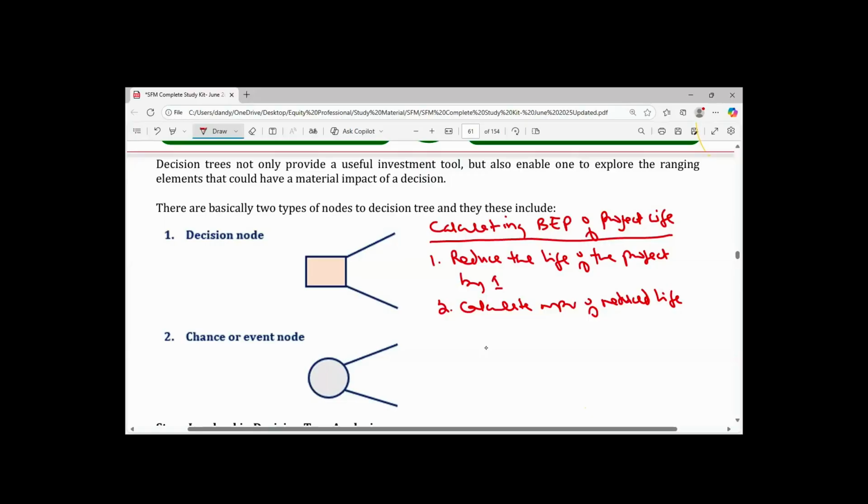Then step 3 says you should calculate, estimate or determine break-even point of project life using the formula below.